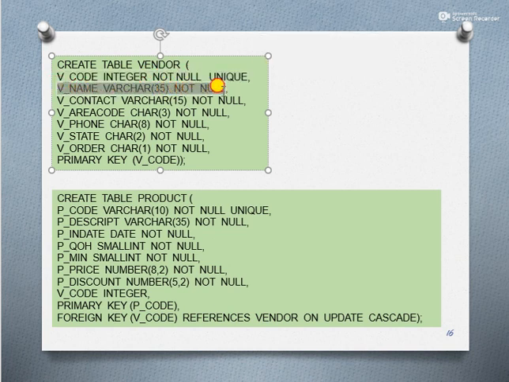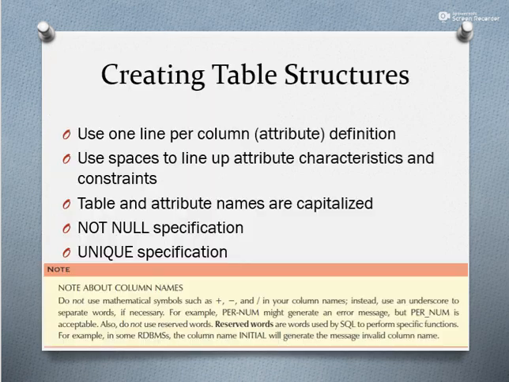No two attributes should be defined on a single line, because it makes it easy to understand and clean. Then you should write your table and attribute names in capital letters. It's not a restriction, but it is good practice.